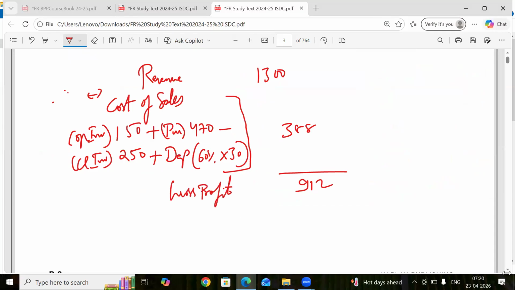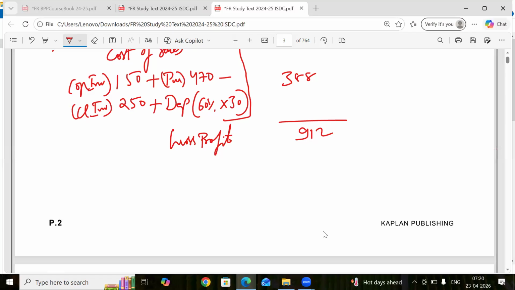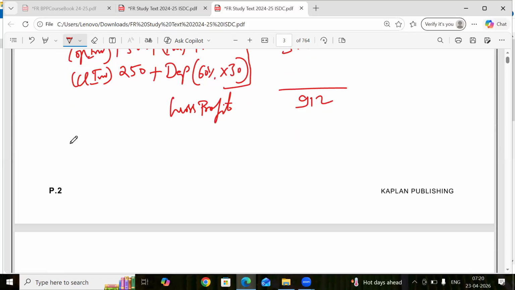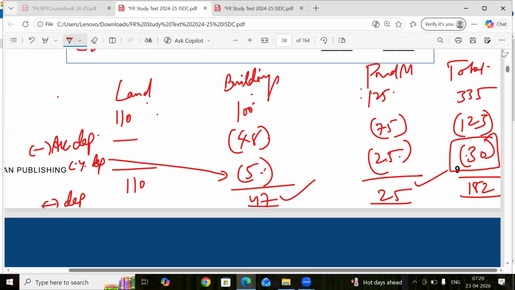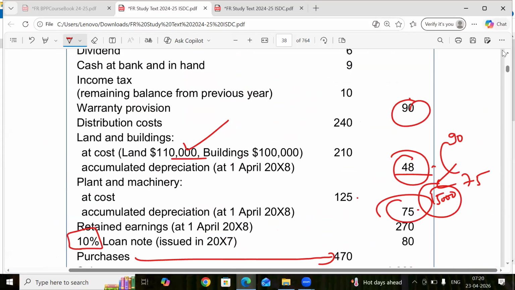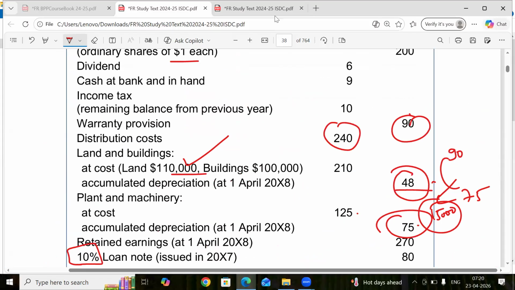Gross profit. Then what? Then we have to take all the administration expenses. So we will take distribution expense, 240.